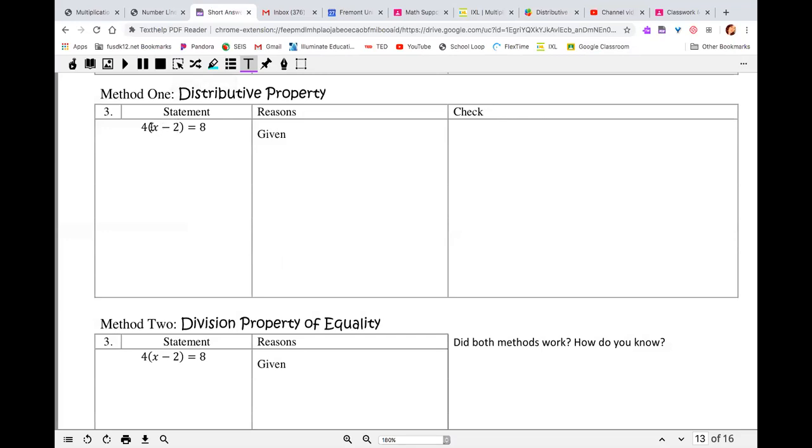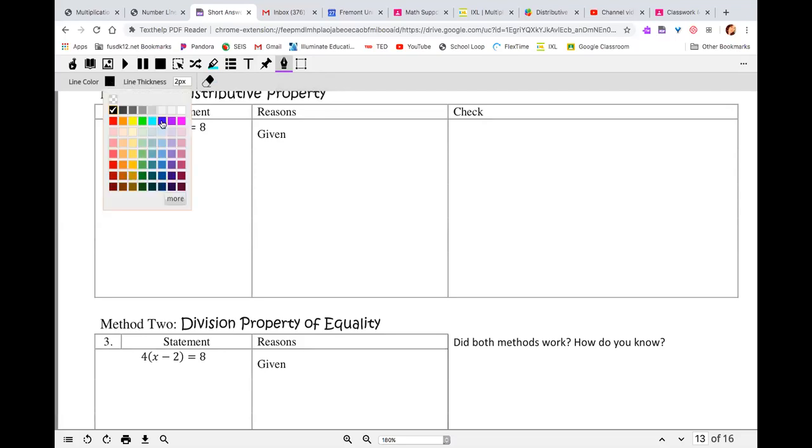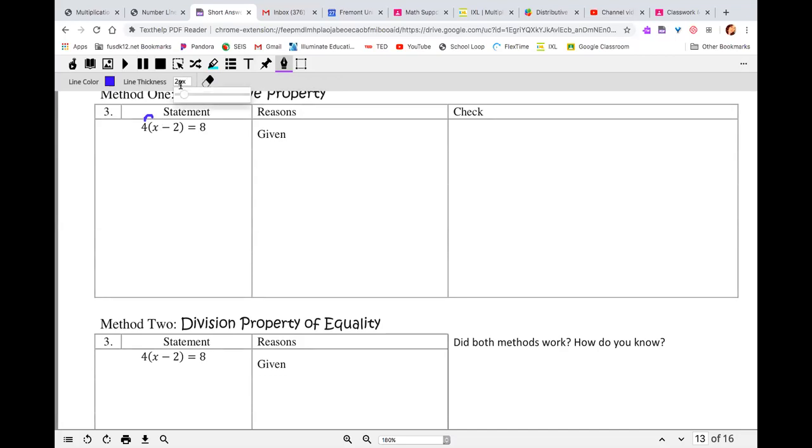But the problem is when it's distributive property with a variable, we can't do x minus 2. So we must distribute first. 4 times x, and then 4 times 2.